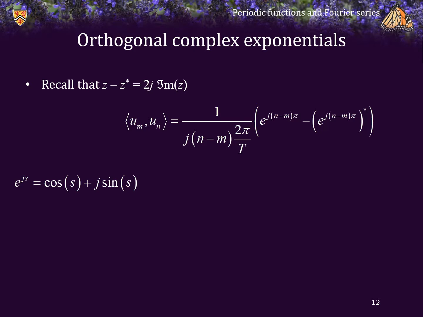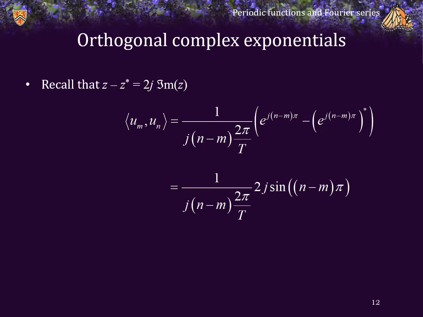If we multiply that by 2j, we get, in this case, the reciprocal of what we see there on the right, the coefficient, times 2 times j times sine of n minus m times pi. All right, easy enough. We can simplify that out.